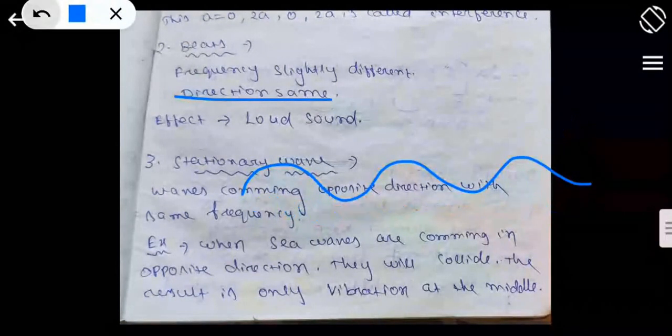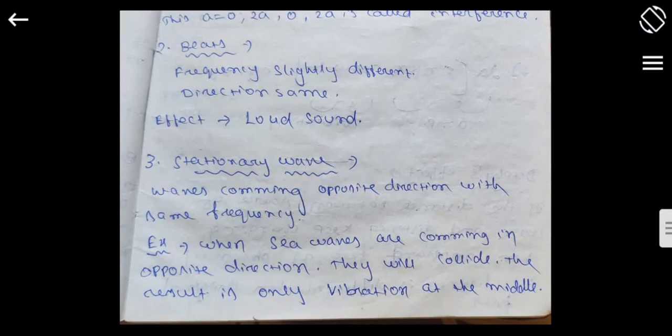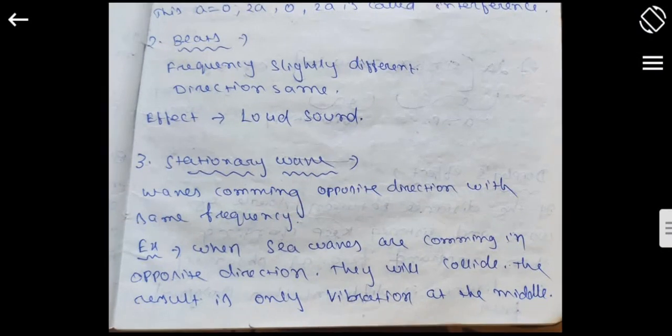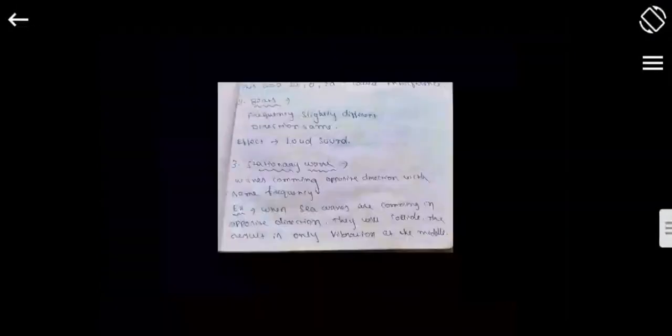Now the next thing is a stationary wave. What is a stationary wave? See, I'm going to give you one very beautiful example. All of you have gone to the sea beach, right? When you are at the sea beach, the water is coming like this.